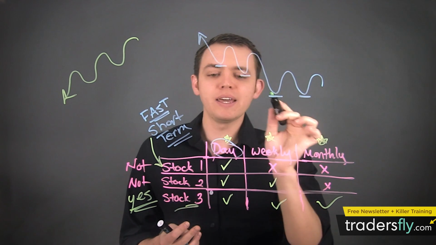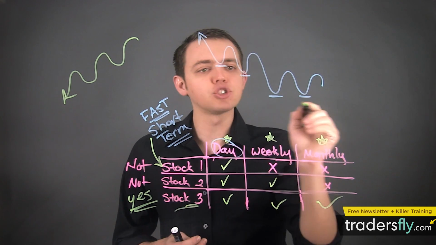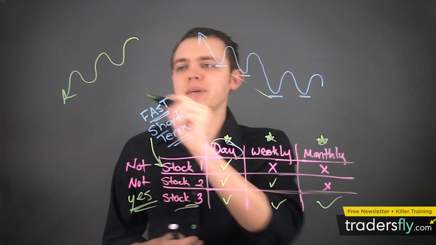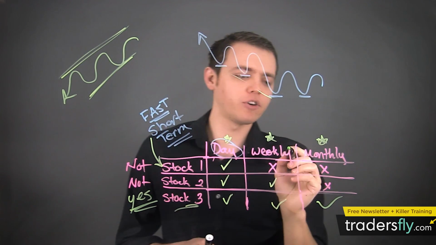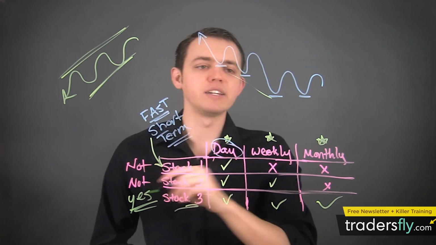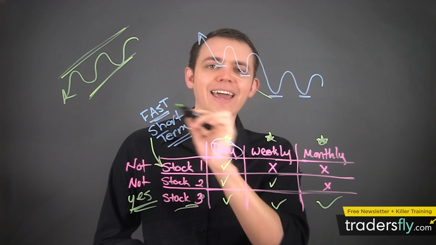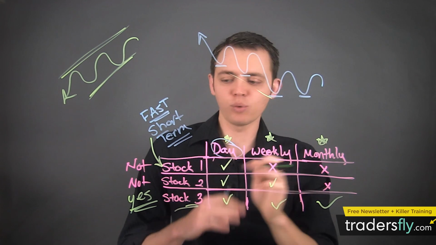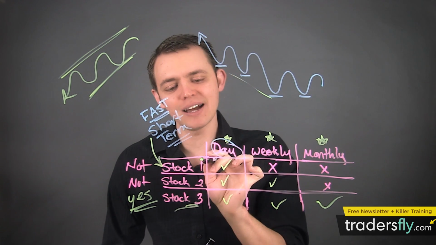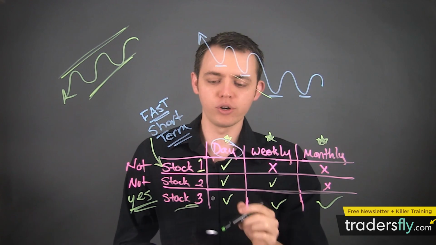Now, you may catch it nice on the daily and you can still trade this, but the problem is the long-term trend. If you're holding that stock for weeks or months, it's looking down. If you're holding it just for the day, it's heading to that upside.